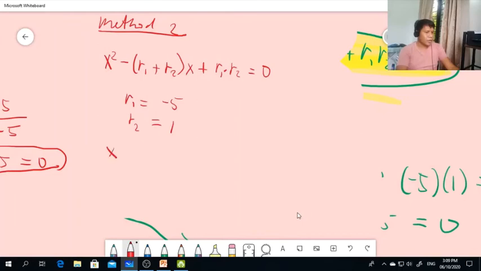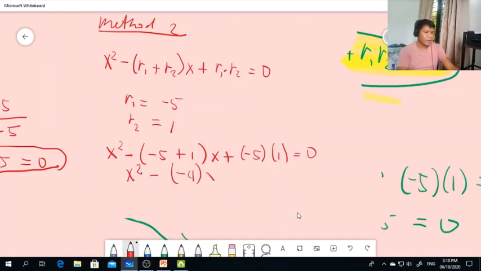So x squared minus the quantity of negative 5 plus 1 times x, plus, of course, the product of r sub 1 and r sub 2, negative 5 times 1, and this is equal to 0. Simplifying further, we have x squared minus the quantity of negative 4 times x minus 5, because negative 5 times 1 is negative 5.